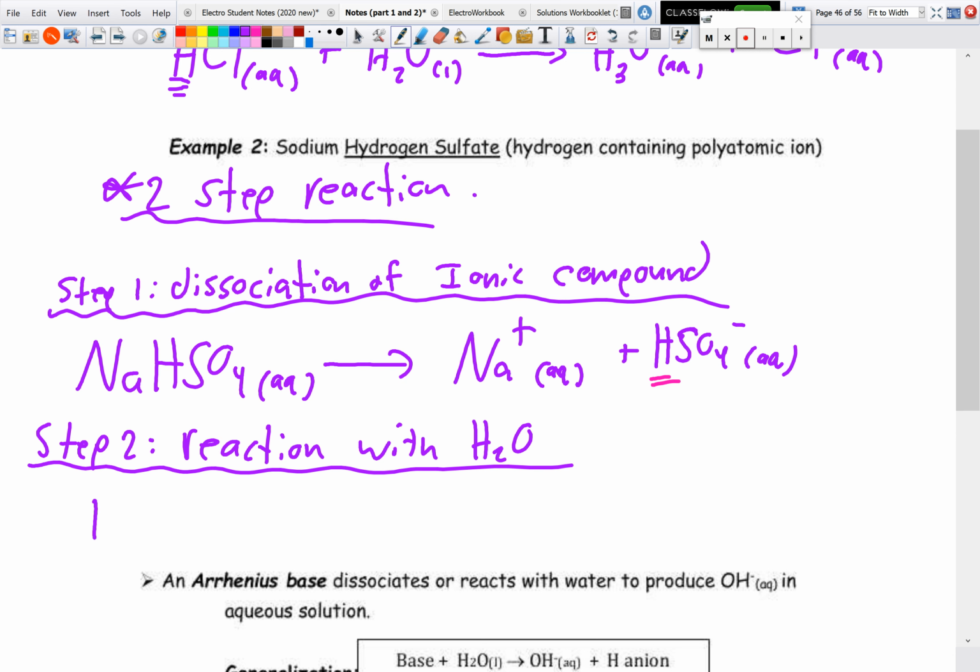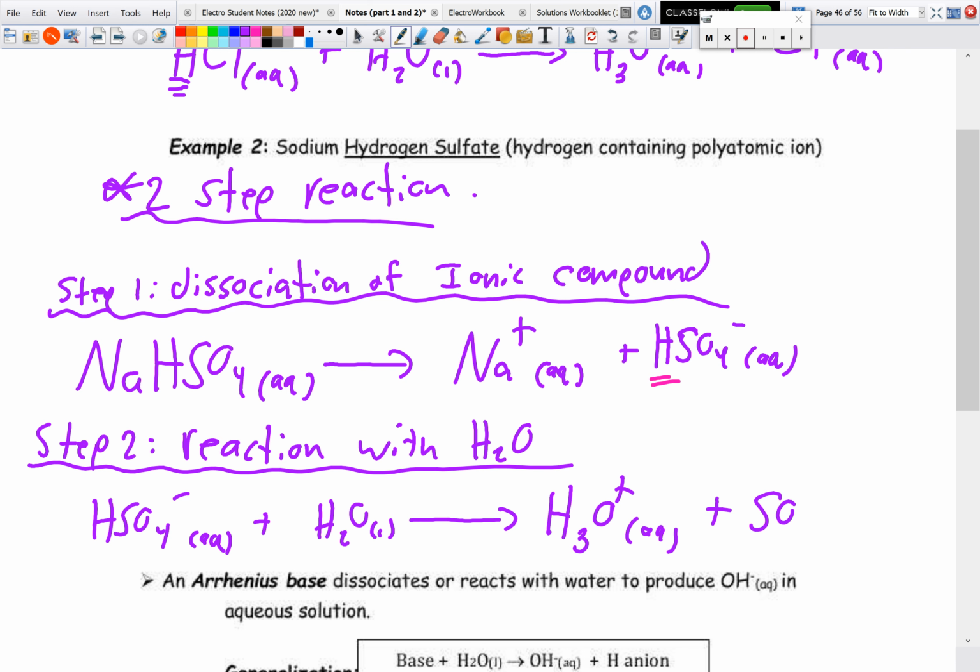So it's the hydrogen sulfate that will react with water to produce our hydronium and our sulfate ion.